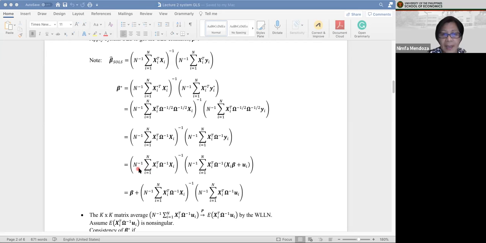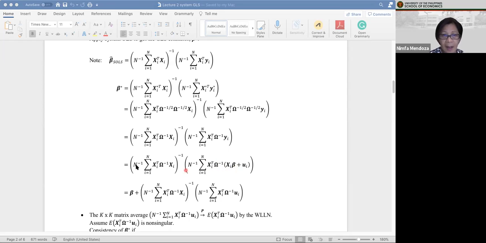If you carry out the multiplication, you have this first term, n inverse the summation of X sub i transpose omega inverse X sub i, inverse, times n inverse the summation of X sub i transpose omega inverse X sub i beta.